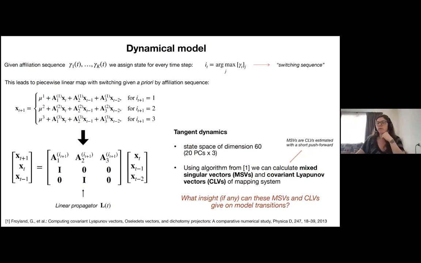Through that, we can calculate what we've deemed mixed singular vectors, which are just the CLVs with a short push forward, where it hasn't converged to the asymptotic dynamics. Our questions were, can these MSVs and CLVs give any insight on model transitions, but also on the underlying stability of the state itself and the states that come out.